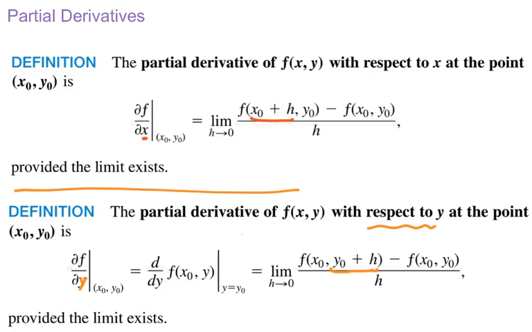So before we do an example, we're going to talk a little bit more about the notation here for partial derivatives. So you might see this, which I've circled, partial of f with respect to x at some point. So let's talk about that notation.